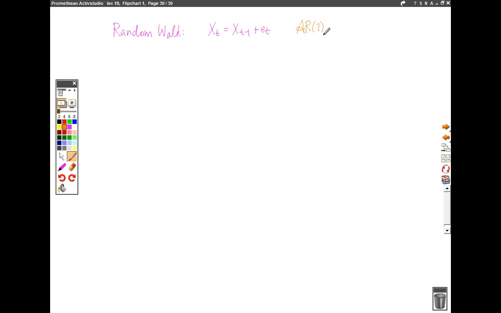Perfect. And now if I were to check whether this model is stationary or not, I can just write this as xt minus xt-1 equals et, and then I will have xt in bracket (1 minus B) equal to et. And now I have to figure out the roots of this characteristic equation.